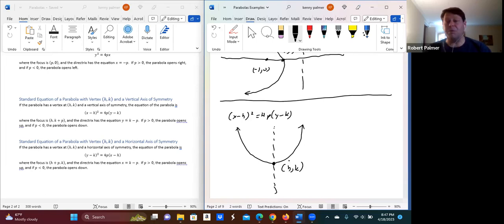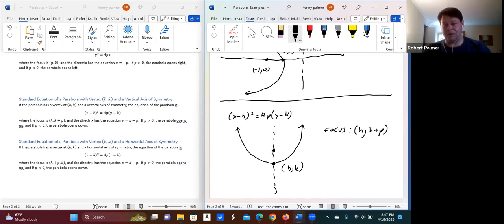Now the focus, which is right here, is going to have the coordinates h, and then k plus p. Let me just write it over here. So the focus has the coordinates h and then k plus p.